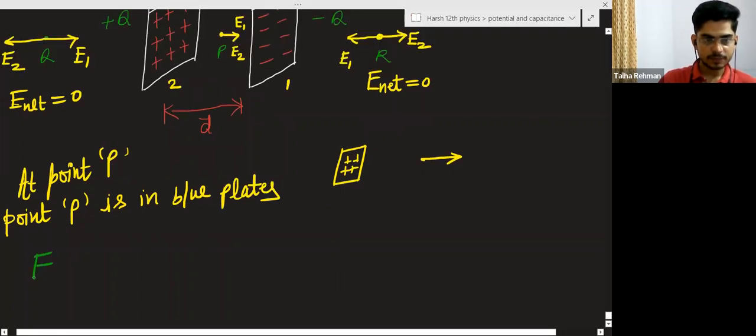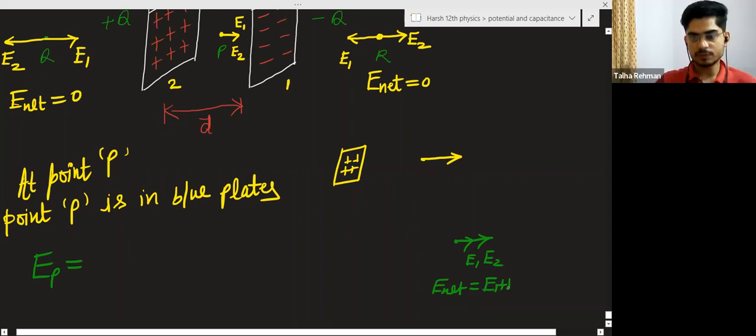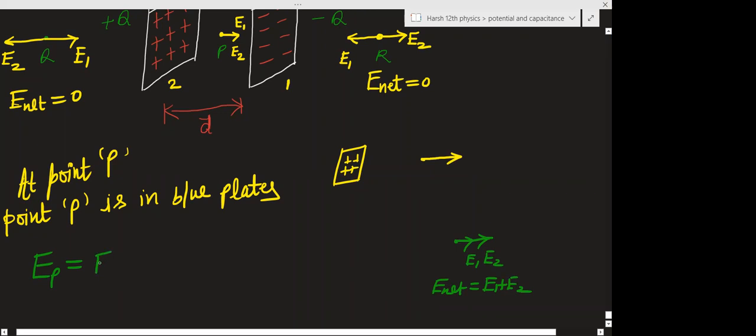So electric field at point P, net electric field means E net at point P will be equal to, Harsh, tell me, if two vectors are in the same direction, what is the magnitude? E1 plus E2. We will simply add these vectors. So E1 plus E2.